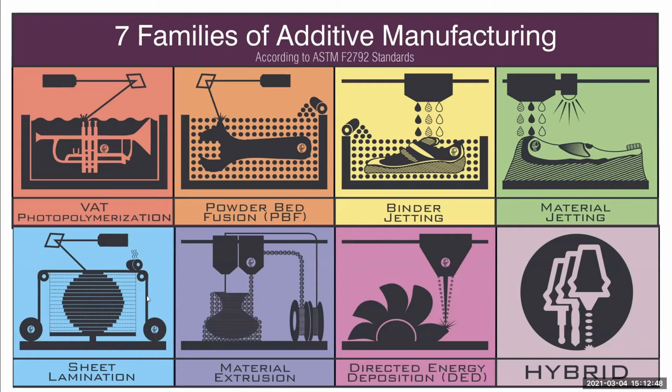Now, some of the other processes that are a little bit more complex are stuff like this sheet lamination. And so what you can tell from this one is there's sort of this roll of sheeting material that's drawn across the print bed and then is fused by some form of high energy process.